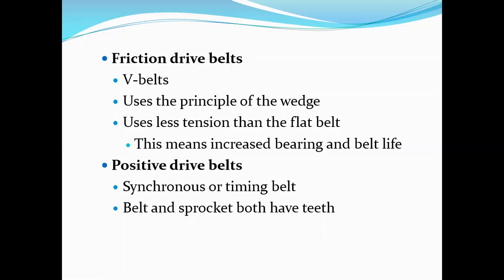It's a little flat drum pulley. They were so tight that the bearing life would fail. We talked about bearings before and the loads, so you have to make the belt so tight that it puts excessive wear on the bearing. So the friction drive belts, or the V-belts, when they came out, were saving the bearing life. So they're more popular than the flat belts today.